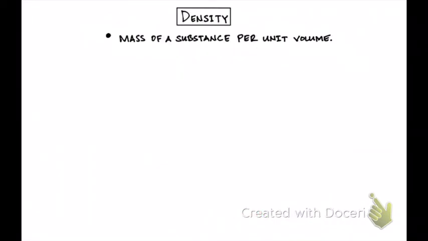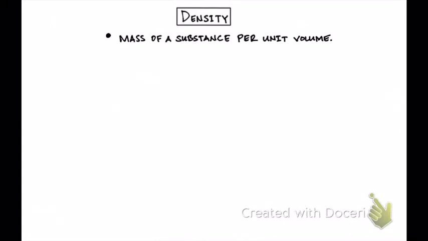Density is a physical property, which means that you can determine the density of any substance without destroying the substance. And the unit that we use for density is usually grams per milliliter. And so because it contains multiple different units, that's a compound unit. Okay? And density is the mass of a substance per unit volume.